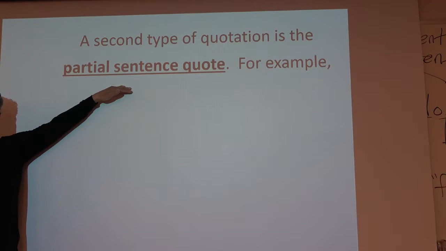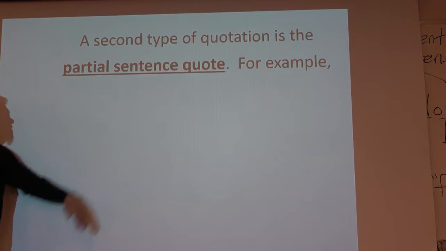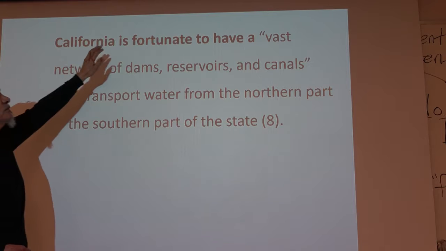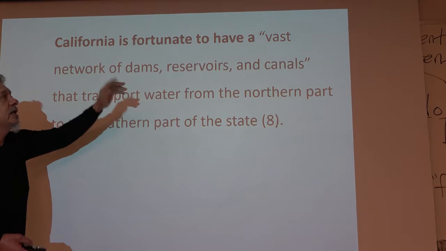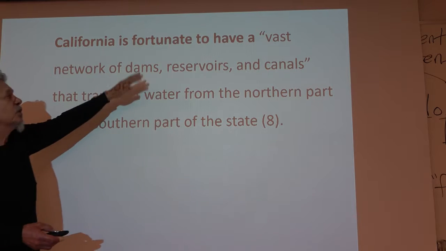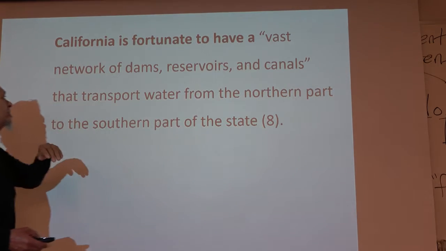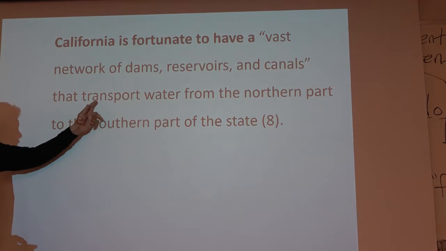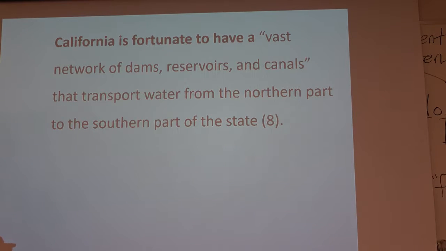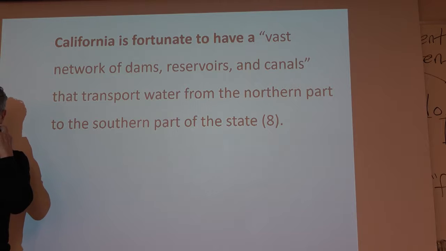Now, the second type is where you only have part of a sentence. Partial sentence quote. Okay? Here's the first example. California is fortunate to have a, quote, vast network of dams, reservoirs, and canals that transport water from the northern part to the southern part of the state.